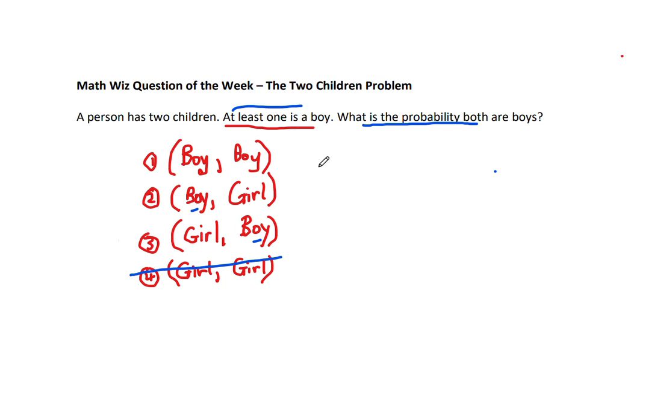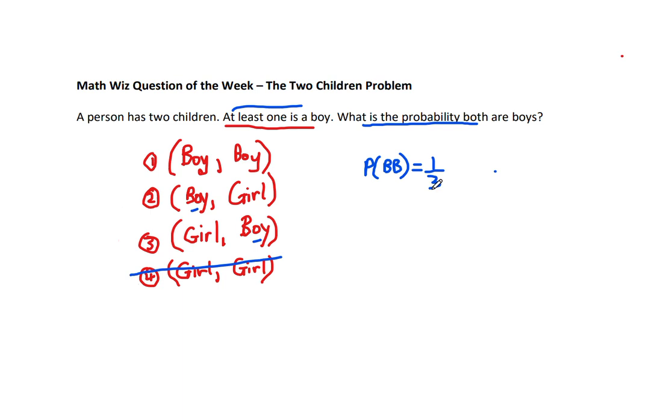So the probability that both children are boys if a person has two children would simply be here. So I'm writing this P for probability. It's the probability that both children are boys, so that is boy, boy, which is equal to, this can only occur once here, boy, boy, out of a number of possible outcomes of 1, 2, 3, since we eliminated the girl-girl option.